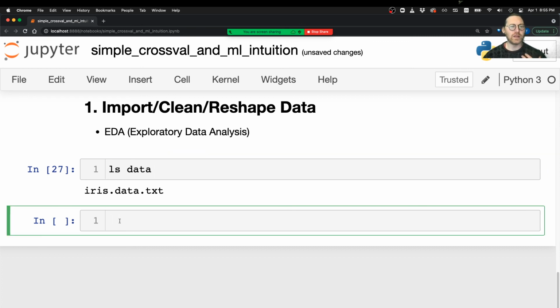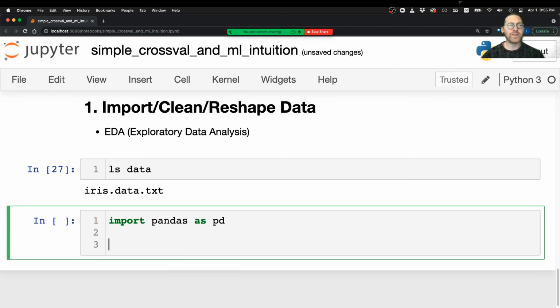And let's just read in this data really quick that I have in iris.data.text. So I'm going to use pandas to do this. When you're in the DSI, pandas is going to be your primary tool set for exploring data.